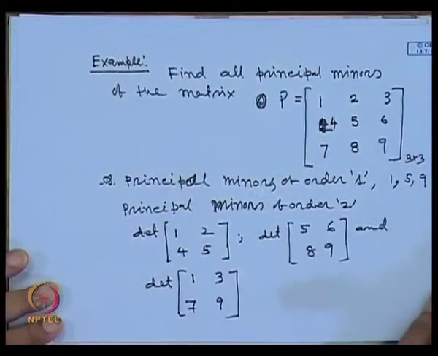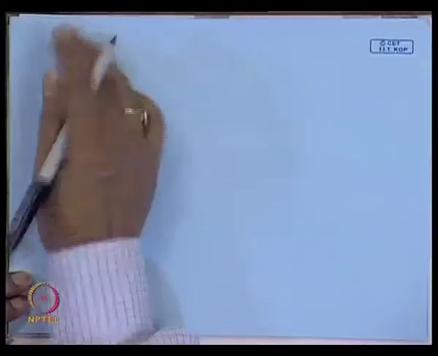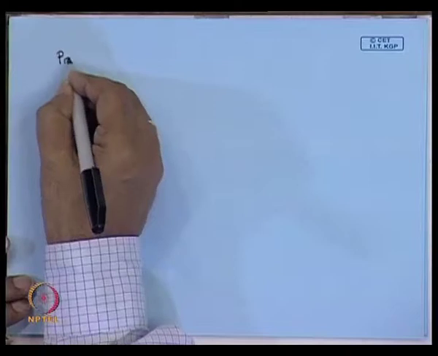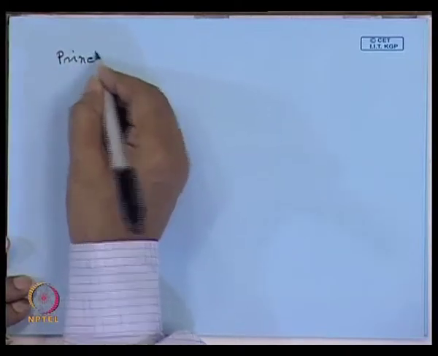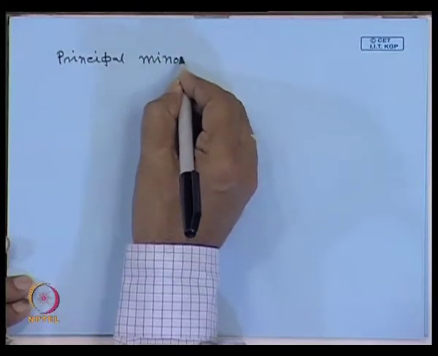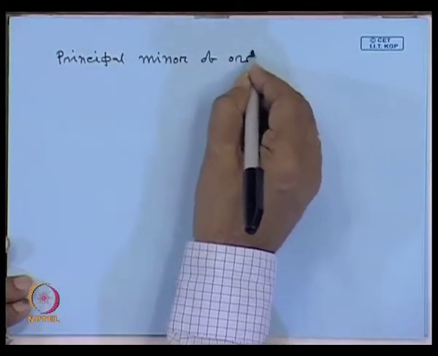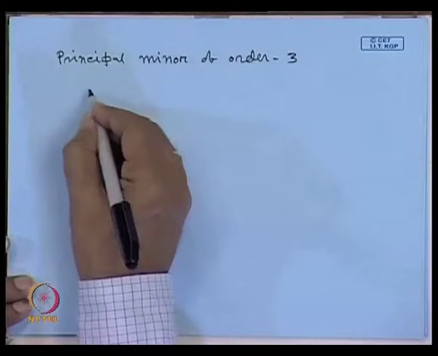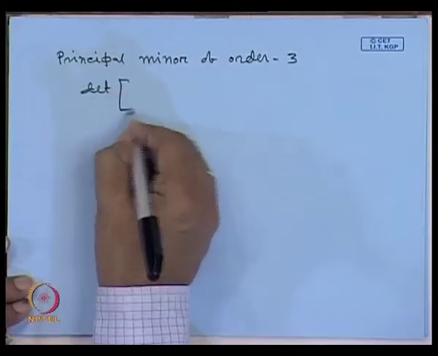So, now what is left is the principal minor of order 3. So, the principal minor of order 3 is the matrix itself. Minor of order 3 is the determinant of Q itself.